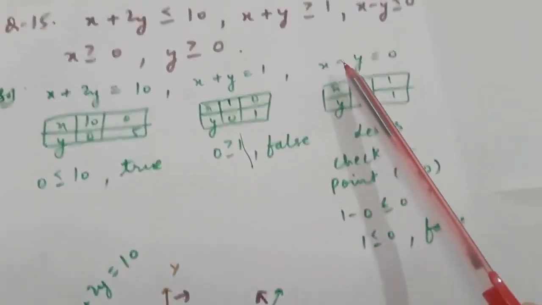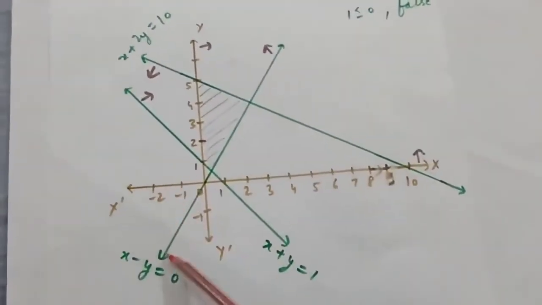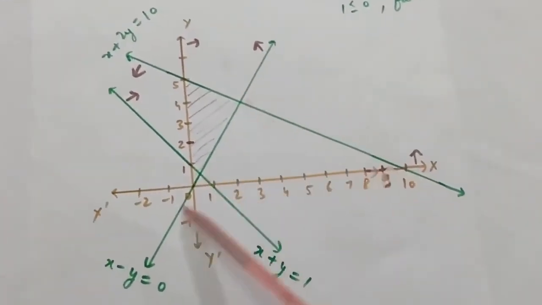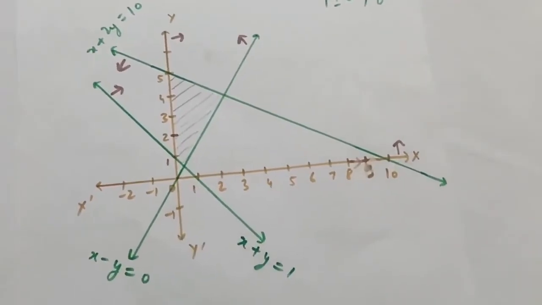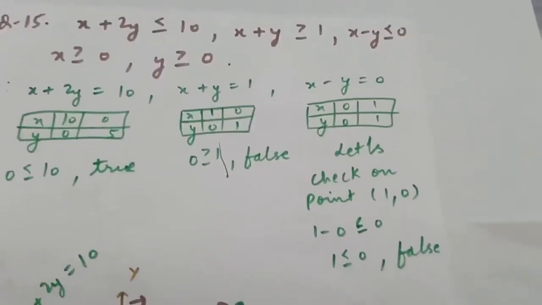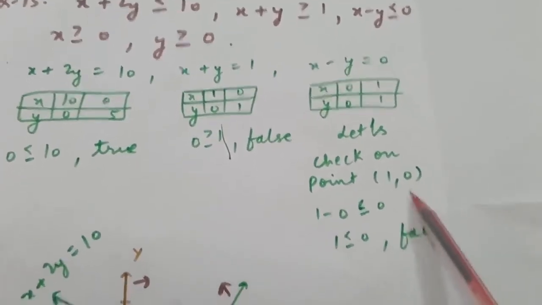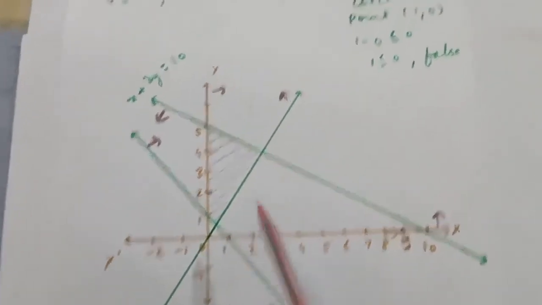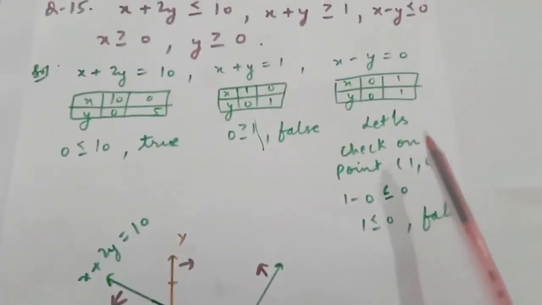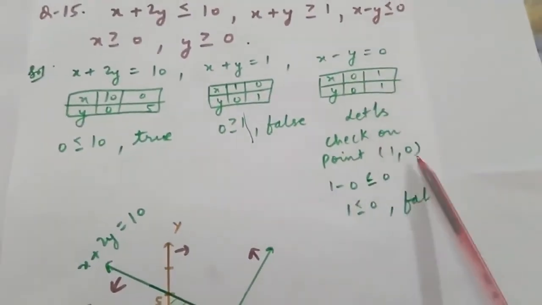Now for third, x minus y equal to greater than 0. As you can see, this line x minus y equal to 0 passes through the origin, right? So we cannot do the origin test of this line. Take any other point other than the origin. So I have taken this point 1 0, which lies here on the graph. Now checking for this, in place of x put 1, in place of y put 0.